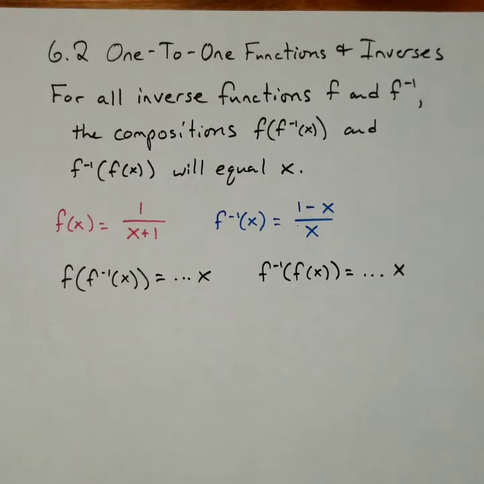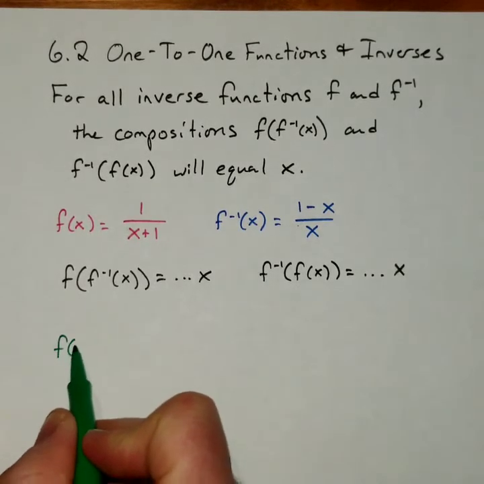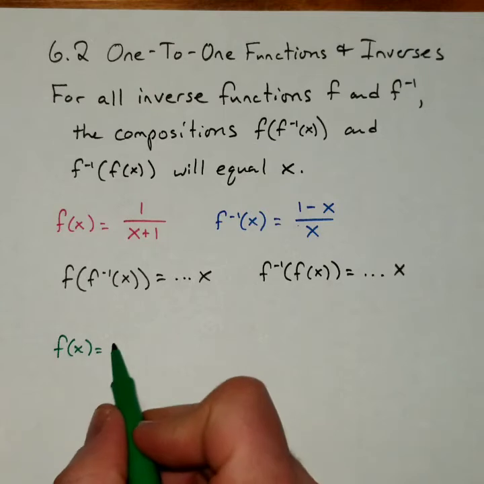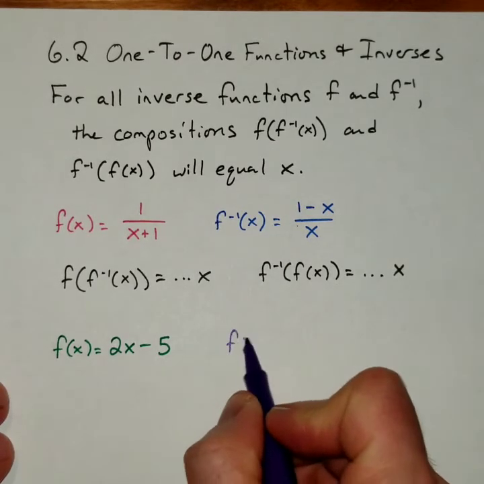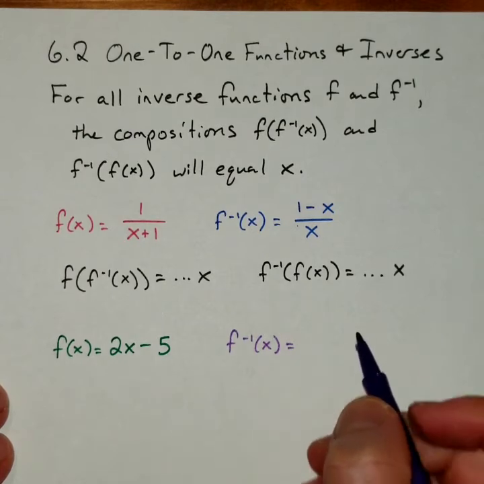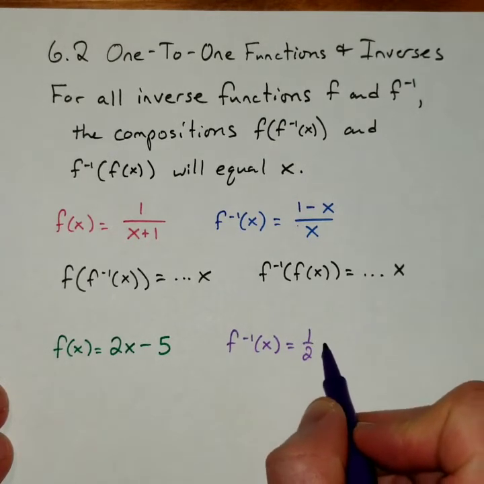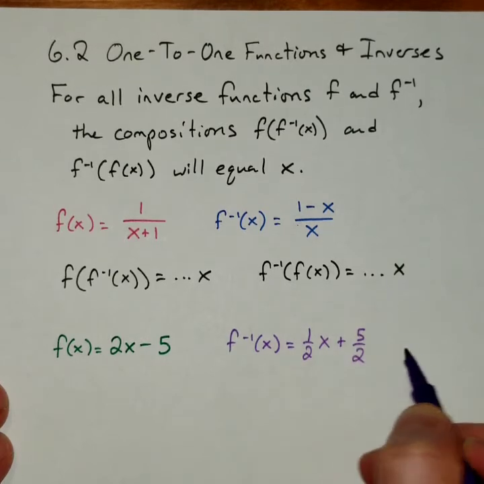I'll show you an example using one of the sets of functions that we dealt with earlier in this section. Let's take a look at f of x equaling 2x minus 5, and let's take a look at f inverse, which we found to be 1/2 x plus 5/2.